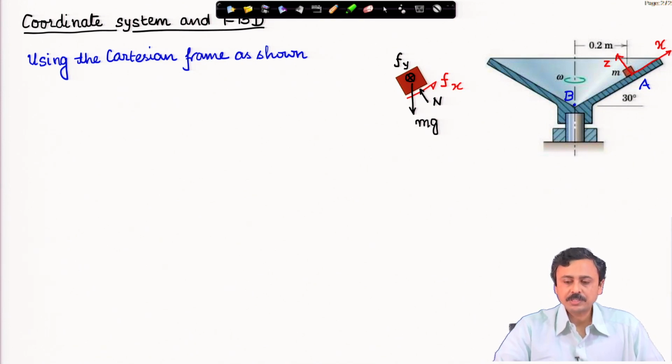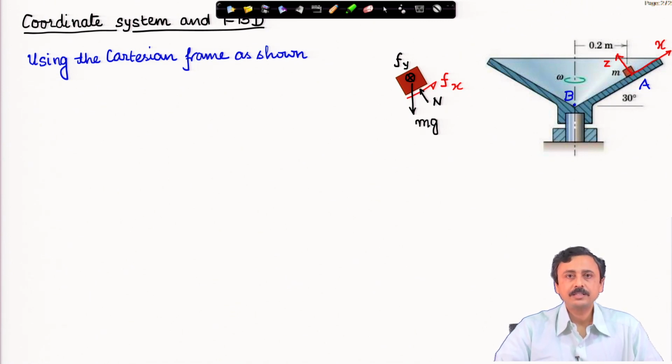and then you also see Fx, which is the friction force between the block and the dish along the x axis direction. Now, because this surface is two dimensional, there will be in general two forces of friction. One is this Fx, which you can see on the free body diagram, other is Fy, which I have indicated by the convention that we normally use to show a vector into the plane of the screen.